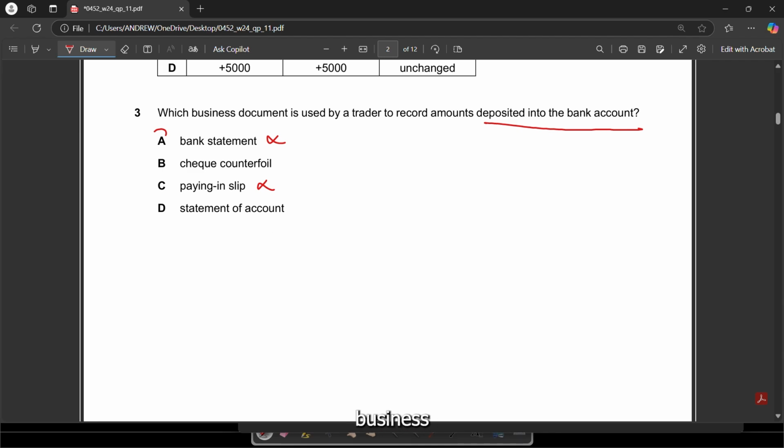Yes, this is a business document, but we don't use this to record the amounts. So again, this is eliminated. In this case, the right option would be B, because we use the cheque counterfoil to record business transactions. So B is the most appropriate and right answer.